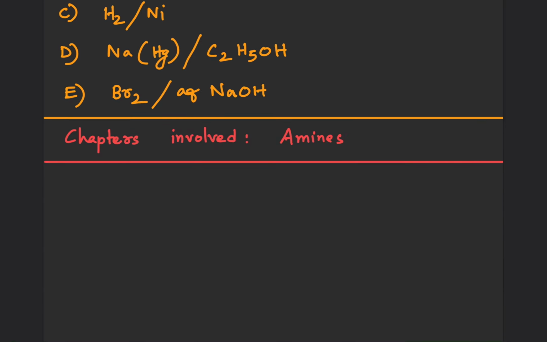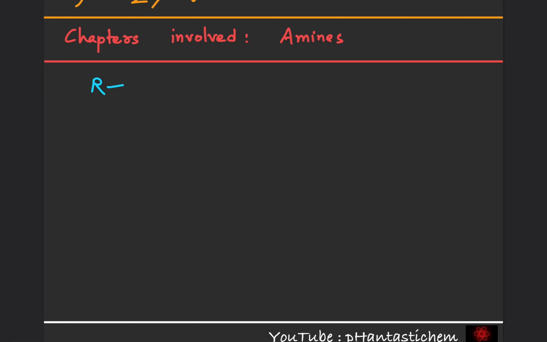Okay. So nitriles or cyanides are RC triple bond N. So RC triple bond N, these are known as nitriles or cyanides.